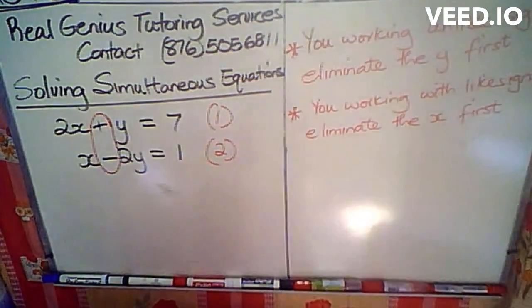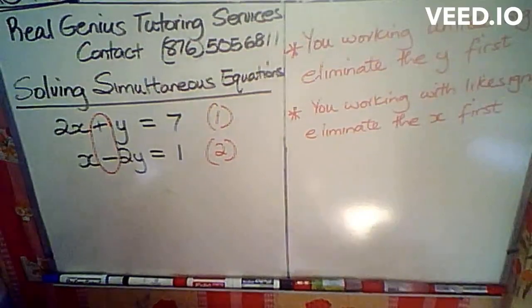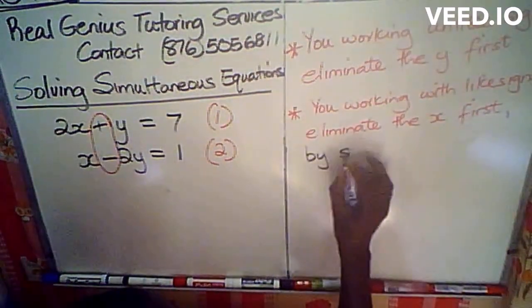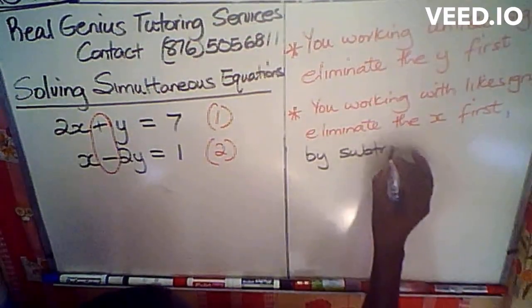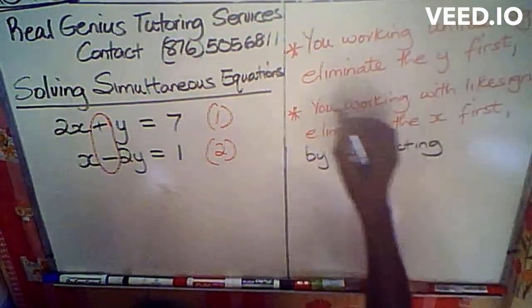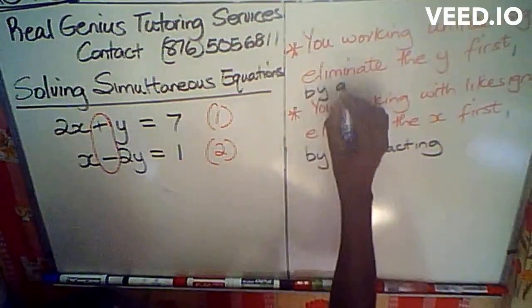In eliminating the x, you subtract, so by subtracting, and this one is by adding.